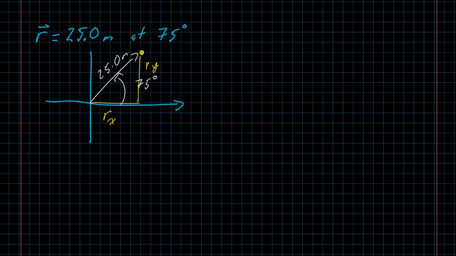And those two components are at right angles with each other. This is a right triangle. I know it is a 75-degree angle. I know it is a right angle. And I know the hypotenuse is 25.0 meters. With that information, I can do some triangle trigonometry.